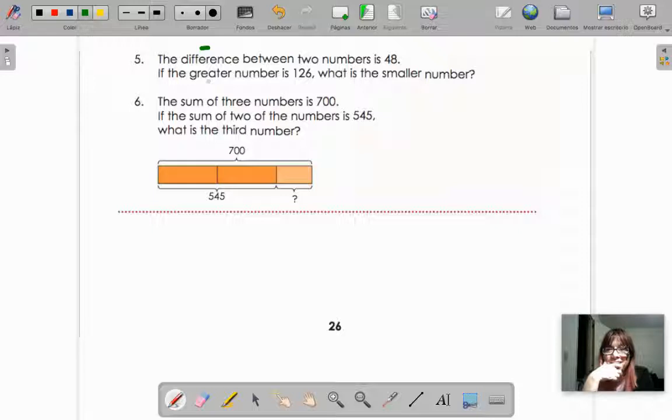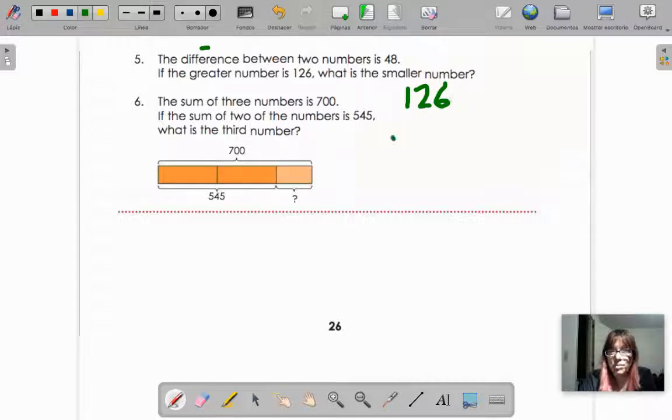I think they are. The greater number is 126. What is the smaller number? Okay? So yes, we do a subtraction. They are telling us that the greater number is 126.